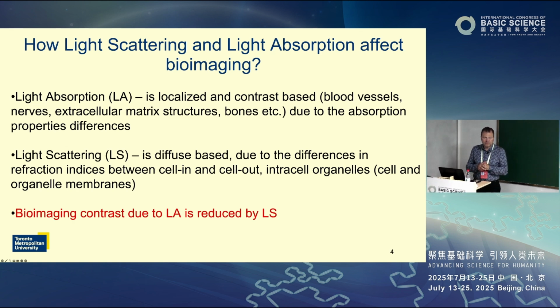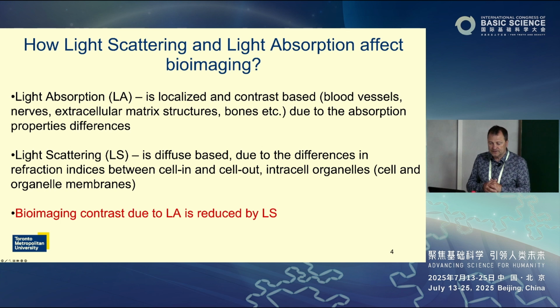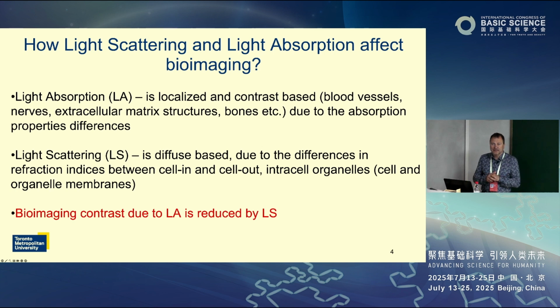Due to the difference in refractive indices between cell in and cell out, intracellular organelles, and cell and organelle membranes, it makes everything blurred, if we would like to provide imaging based on the absorbing structures, which are, once again, localized. So the bottom line so far is that the bioimaging contrast due to light absorption is reduced by light scattering.